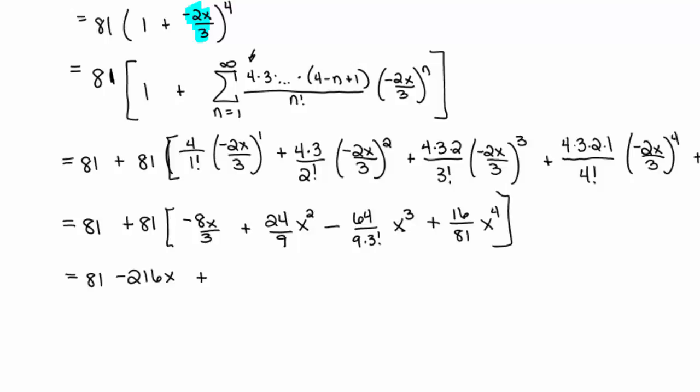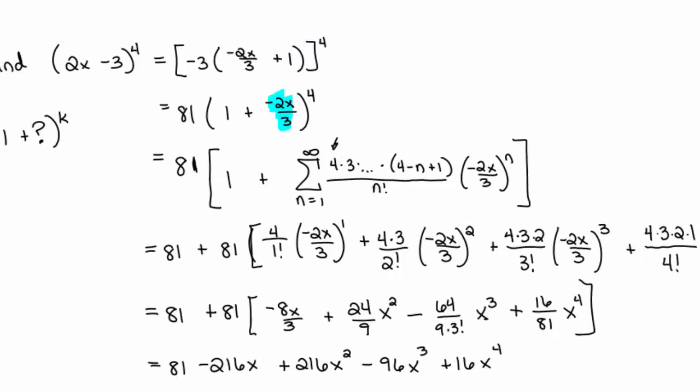Plus 216x squared minus 96x cubed plus 16 x to the 4th. Just double checking my math here. And that looks about right. So that is the polynomial expansion of 2x minus 3 to the 4th.